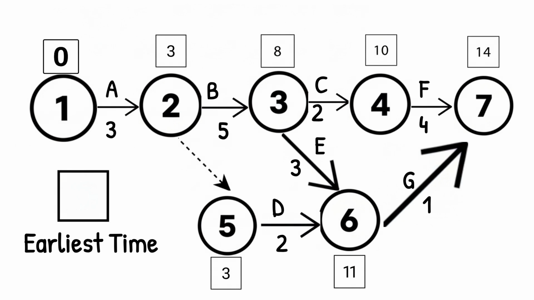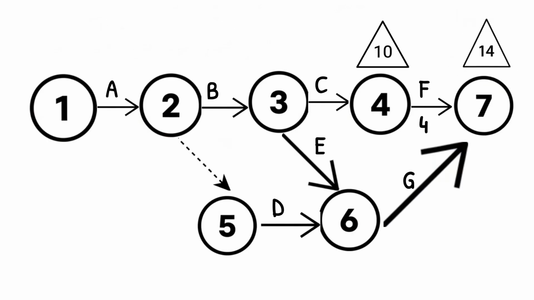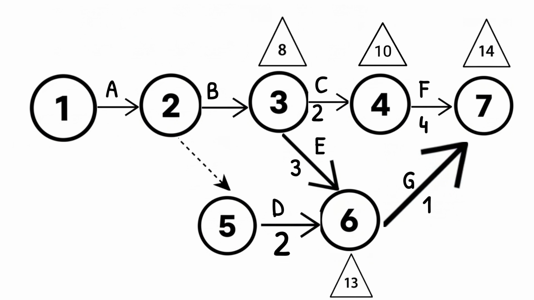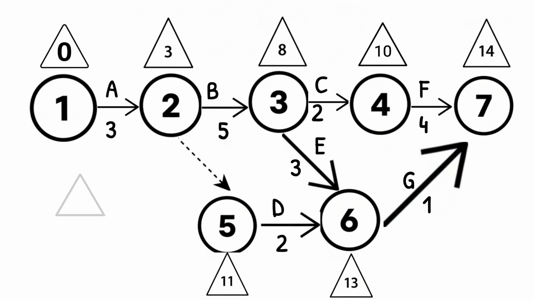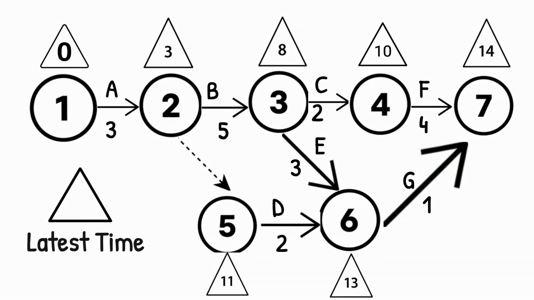When paths meet, take the largest number. Next, the backward pass. We start from the end and walk backward, subtracting durations and putting them in triangles. The result is the latest start time. When paths diverge, we take the smallest value.